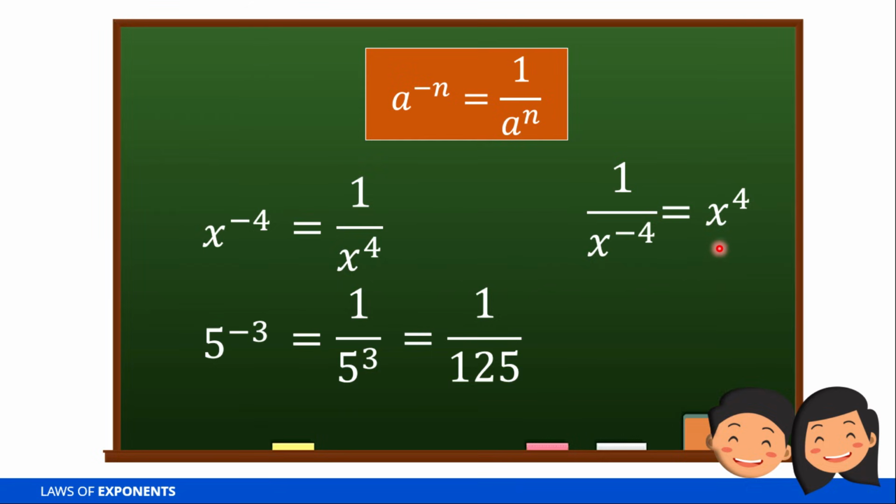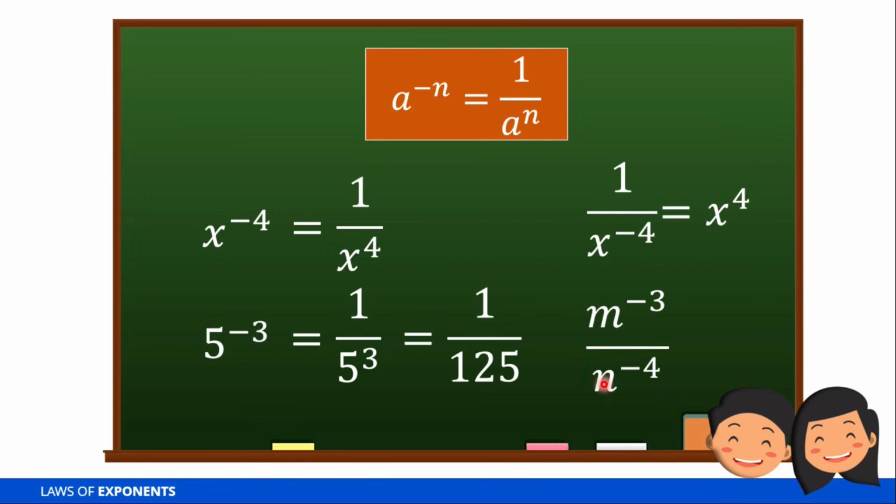At hindi na natin isinulat yung ating denominator na 1, understood na yon na ang ating given ay mayroong denominator na 1. And yung x raised to the negative 4 kanina ay nasa numerator na. Kaya naging positive na ang ating exponent na 4. So yung 1 over x to the negative 4th power is equal to x to the 4th power.